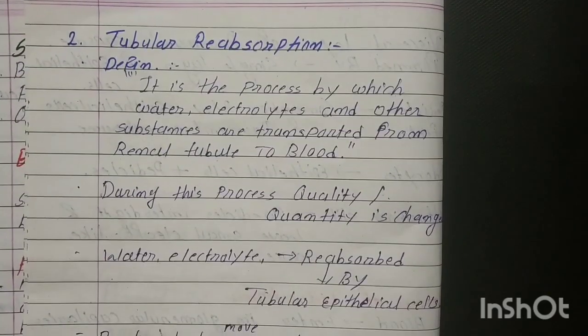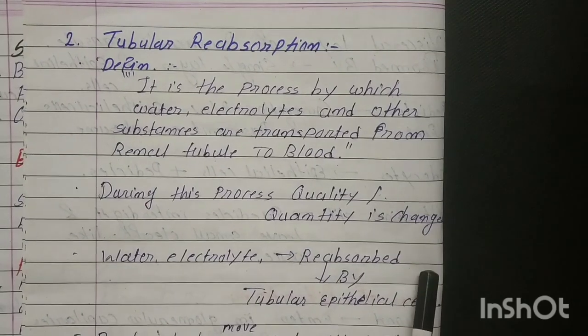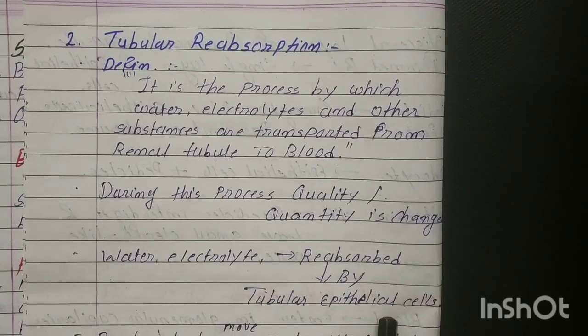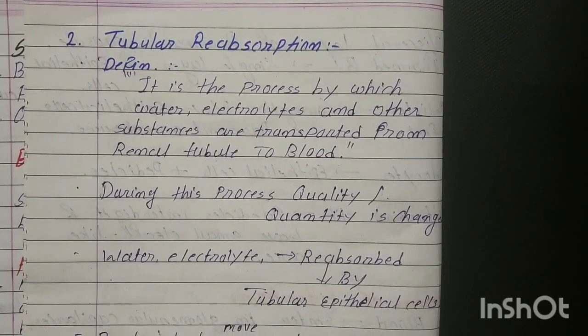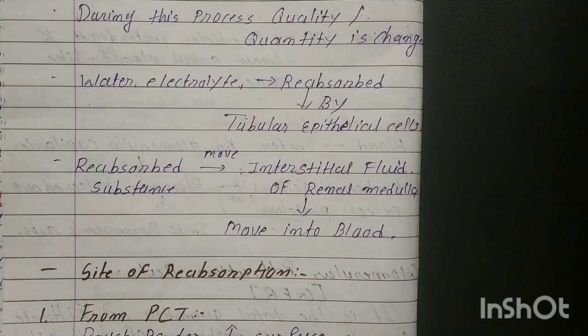Here the water and electrolytes are reabsorbed by the tubular epithelial cells. The very important thing is that these substances are not reabsorbed directly into the blood, but into the interstitial fluid of the renal medulla.